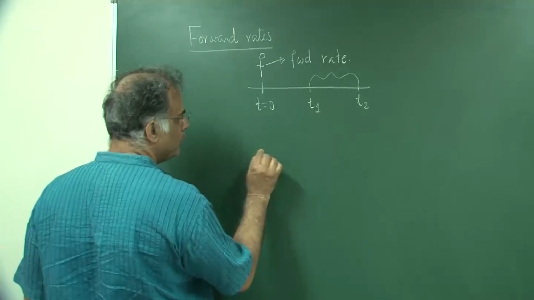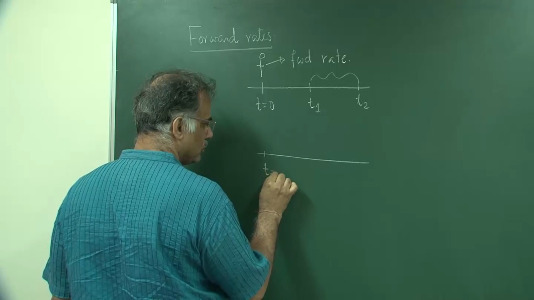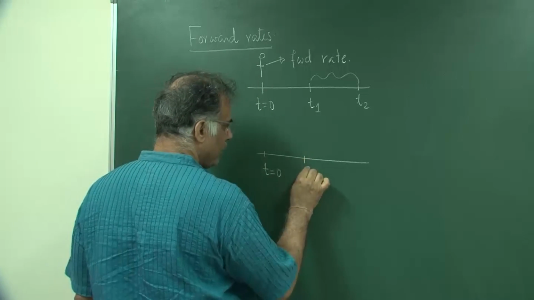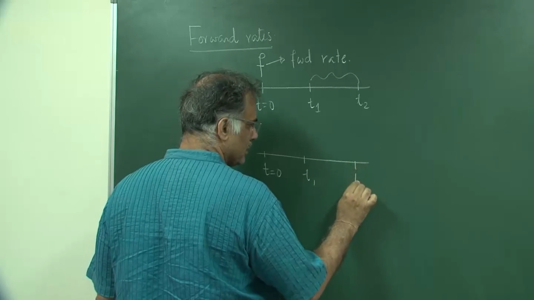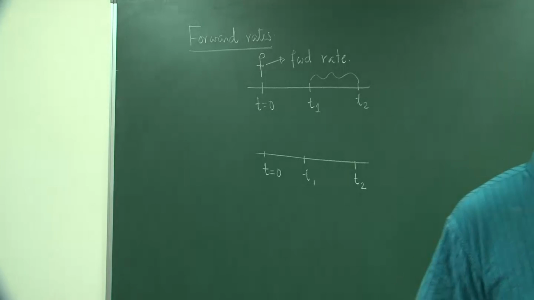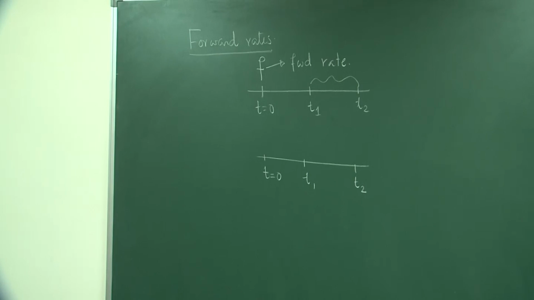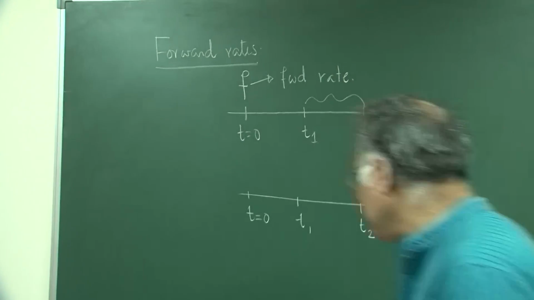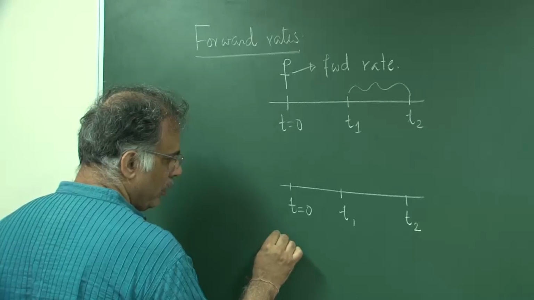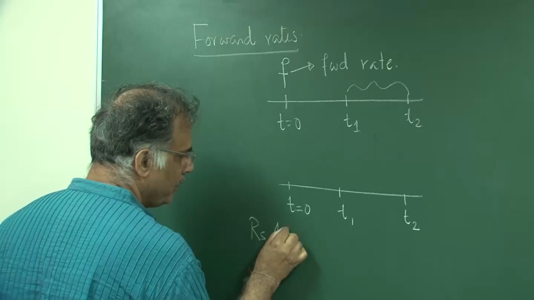Suppose at time t equal to 0, I am looking at a scenario like this. Now suppose I want to invest, at time t equal to 0, say 1 rupee.